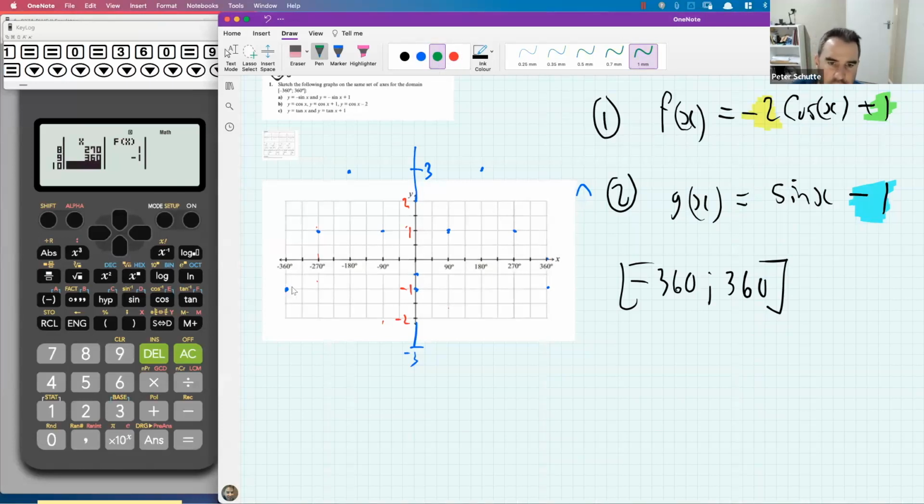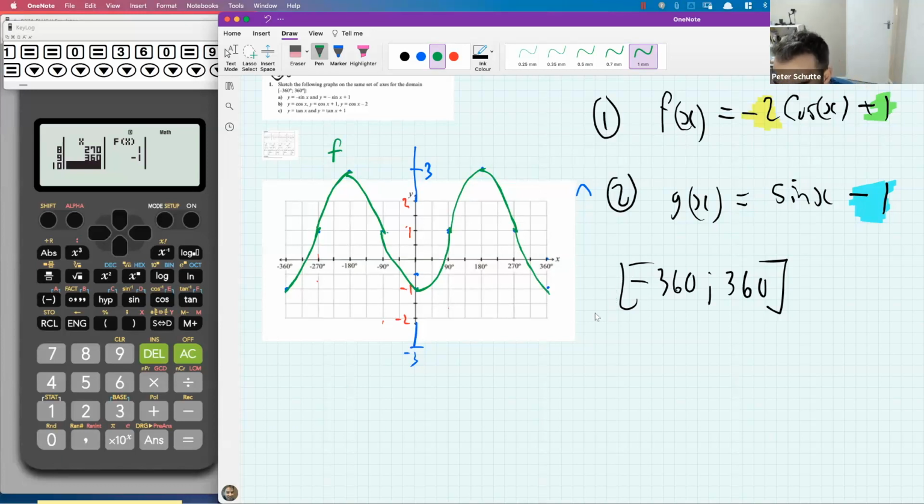So F, which is a cos graph, is going to be looking something like that. So that will be the graph of F.